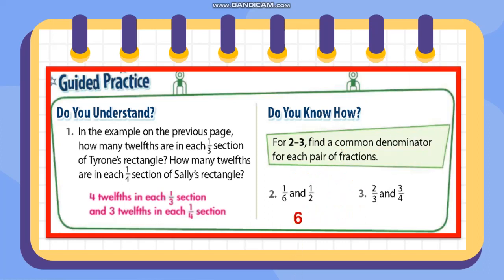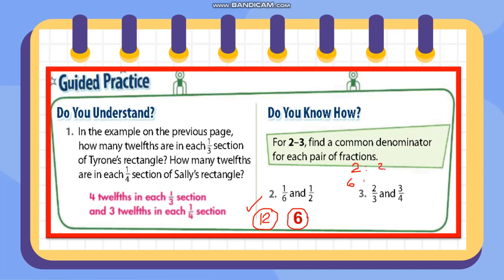Now, I said the sample answer is 12, okay? Because I used the first way. This answer is for the second way. Why? Because the second way uses multiples. I get the denominators 6 and 2, then find the multiples.